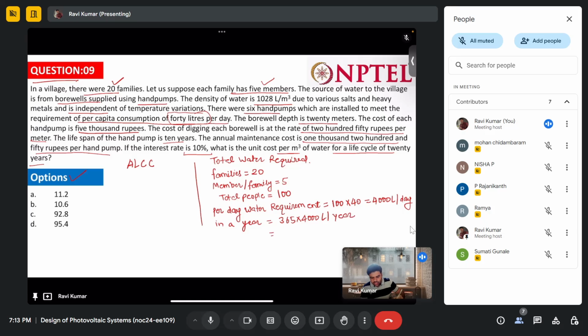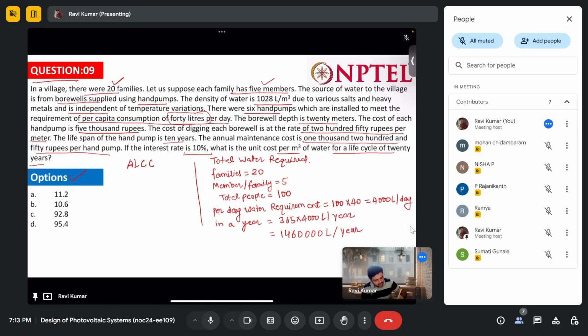So how much is it if you calculate this? It is 1460000 liter per year.